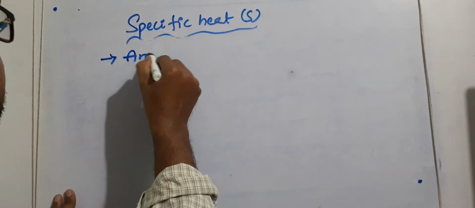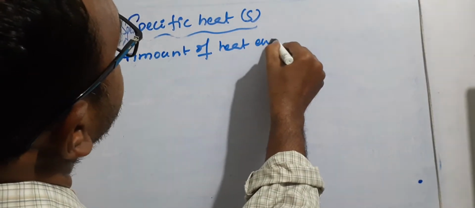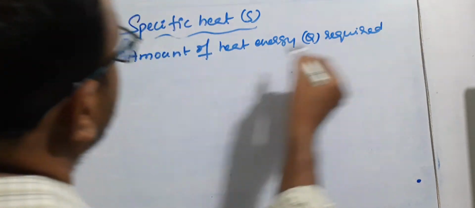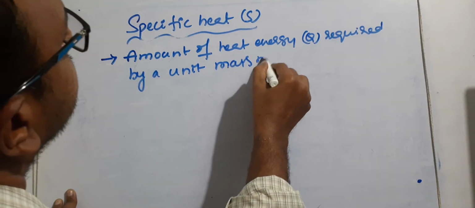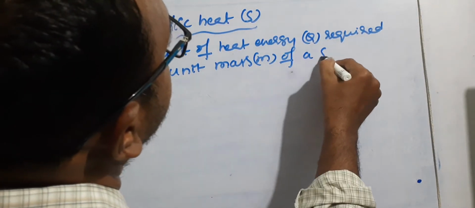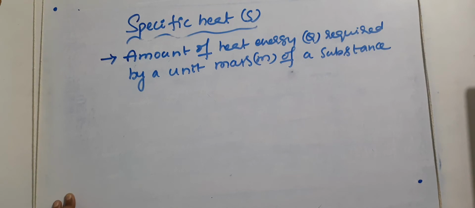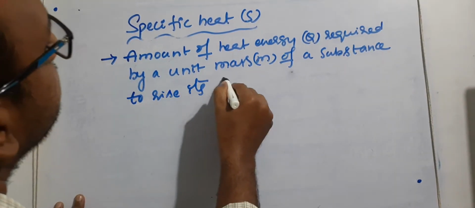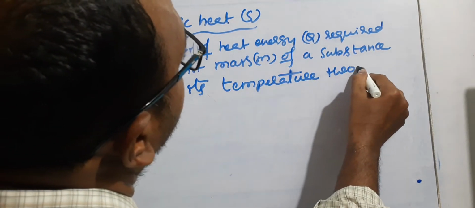So specific heat is the amount of heat energy required by a unit mass of a substance, which may be any substance, metal or non-metal, liquid, gas or solid, to raise its temperature through 1 degree Celsius.